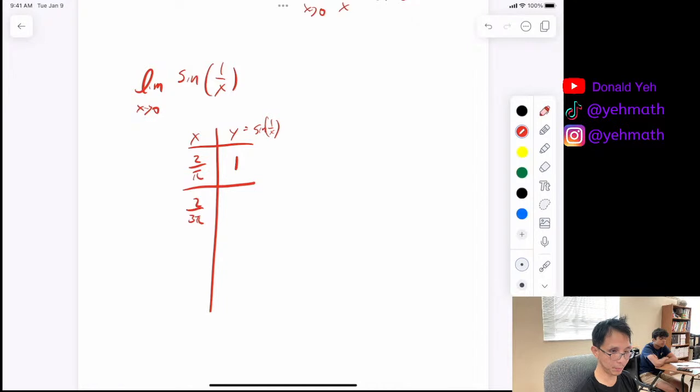So I'm going to plug in sine of 1 over 2 over 3 pi. That means the sine of 3 pi over 2. That means -1. Does that make sense? Because it keeps flipping, right?